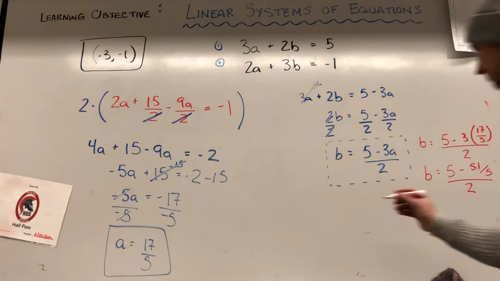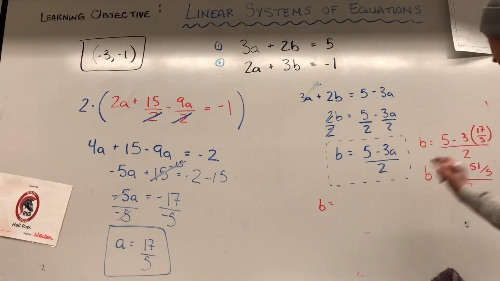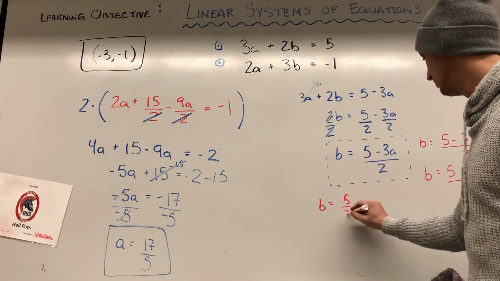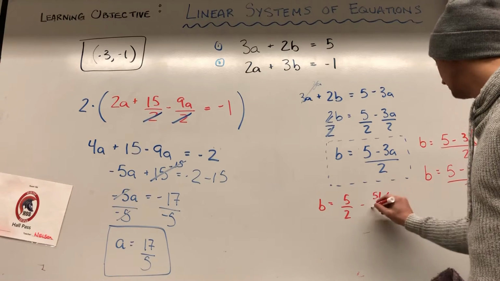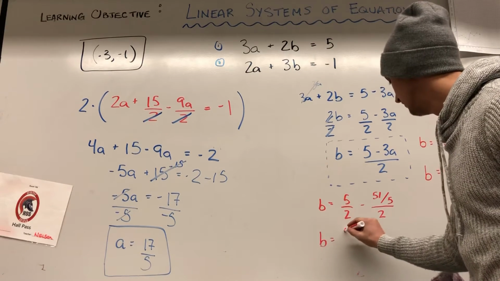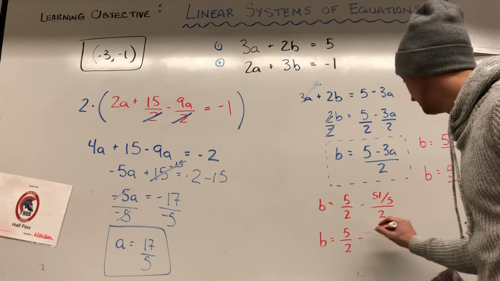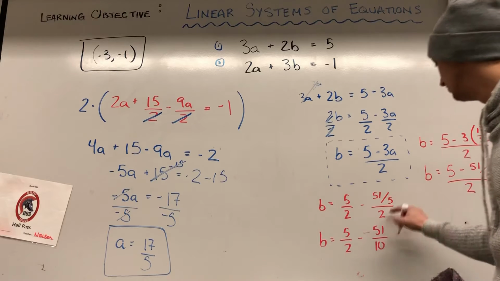Well, let's finish what we started. I'm going to split these. So it's going to be 5 over 2 minus 51 over 5 divided by 2, which is the same as 5 over 2 minus 51 over 2 times 5, or 10.